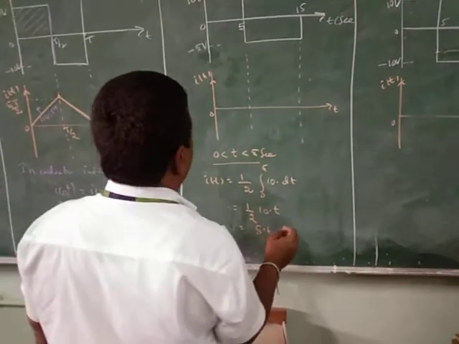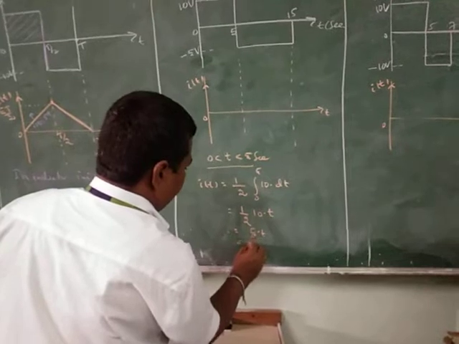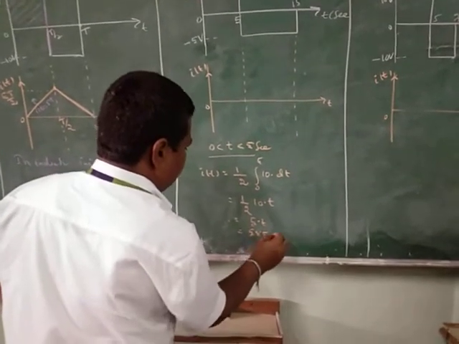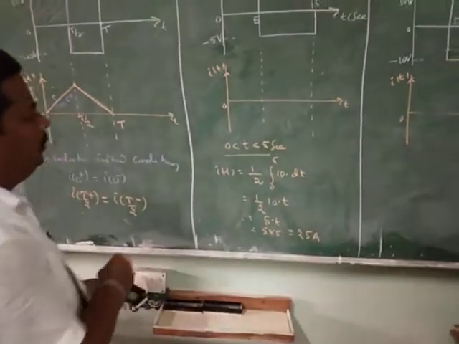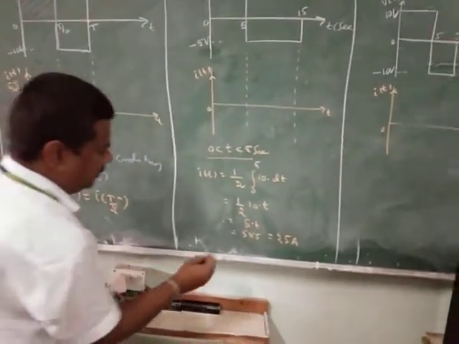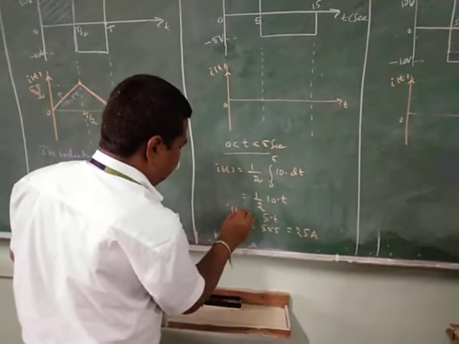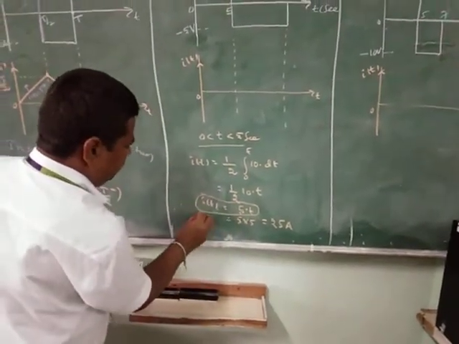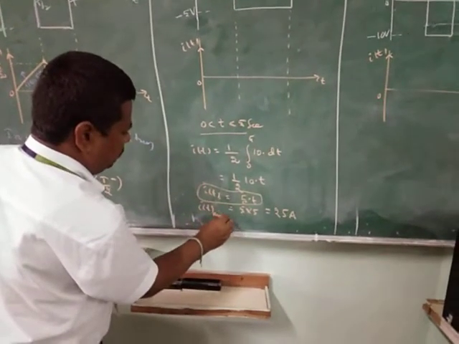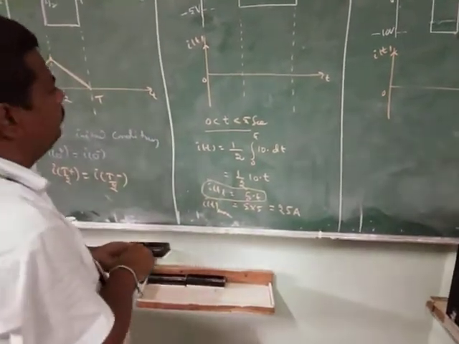Now t value is equal to 5 seconds, so 5 into 5 is equal to 25 amperes. This is the expression I of t is equal to 5 t, and I of t maximum is equal to 25 amperes.